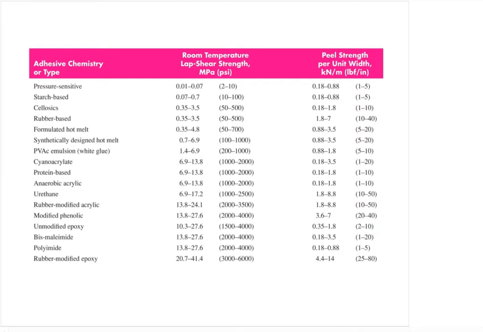This is really useful here. I included this table because you're not going to really find something this detailed. Particularly, I've used a lot of this cyanoacrylate. Anybody know what that is? That is super glue. Who knew that you'd be able to find the room temperature lap shear strength of that, or also known as the peel strength per unit width?